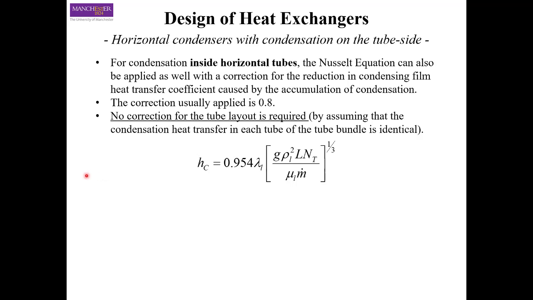This is the equation that we developed on the previous slide for the heat transfer coefficient, and if you are using condensation inside the tube, then you have to multiply it by 0.8. Here you notice that we are not using the correction factor Nr because we are not considering any effect of the tube bundle. If you incorporate that 0.8 multiplied by 0.954, you can write it here as 0.763. The rest of the equation is the same.